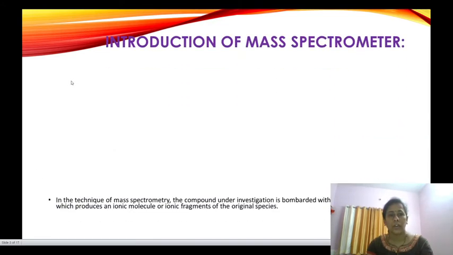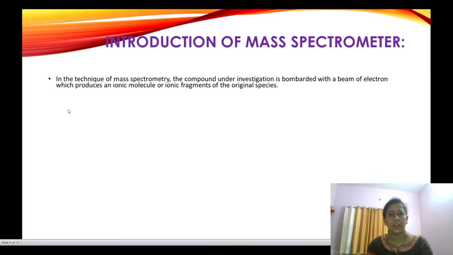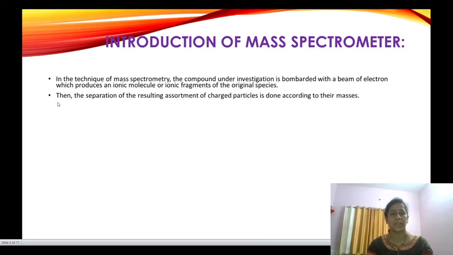Now we are going to discuss the introduction of mass spectrometer. Actually, in mass spectroscopy, the compound under investigation is bombarded with a beam of electrons with 70 electron volt, which produces an ionic molecule or ionic fragments of the original species.